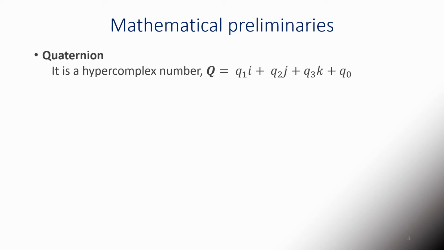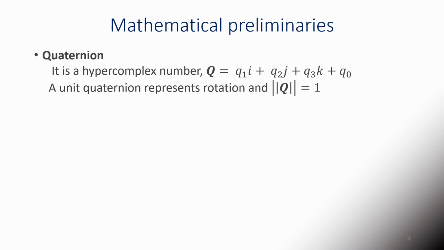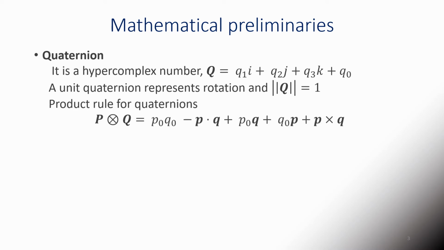Q0 is the real scalar part, and Q1, Q2, Q3 form the imaginary vector part of a quaternion. A unit quaternion has its norm equal to 1 and is used to represent rotations. Using quaternion multiplication, we can compute the composition of rotations. Given two quaternions P and Q, their quaternion product can be obtained by the equation given here.